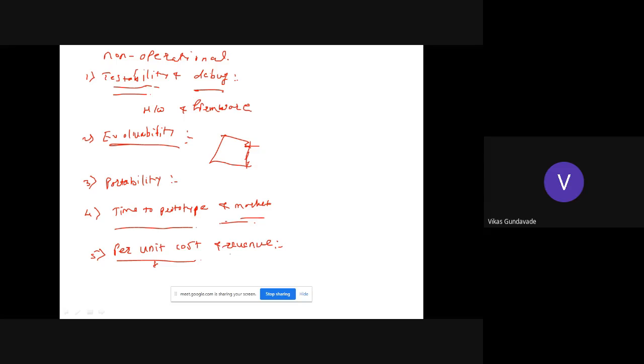If there is more revenue, the vendor will produce more products. But if the revenue is less, the vendor will not manufacture the products. So the per unit cost and revenue also need to be considered while designing any sort of embedded system. These are the non-functional quality attributes of the embedded system. So while designing the embedded system, we need to consider the functional as well as non-functional quality attributes.